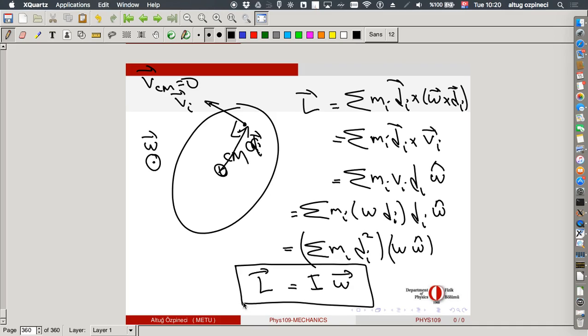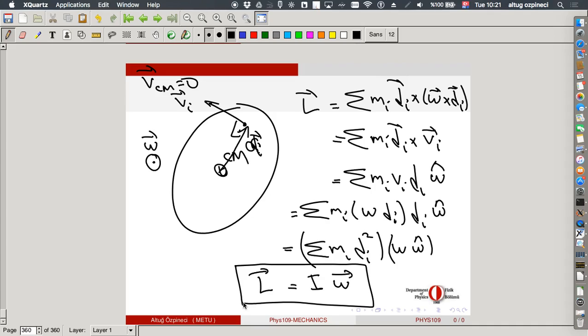Well, this is valid, although this expression that we use over here, you can say that it doesn't even have to be the center of mass. As long as my rotation axis is at rest, L will always be equal to I times omega. I is the moment of inertia relative to the axis.